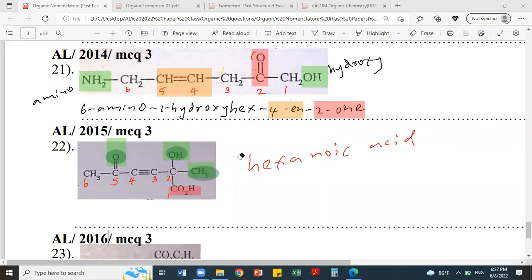Why? There are some other groups attached, and that also you have to include at the beginning of the name. Therefore, there are 3 side groups attached. Methyl group attached to the second carbon, hydroxy attached again to the second carbon, and oxo attached to the 5th carbon.